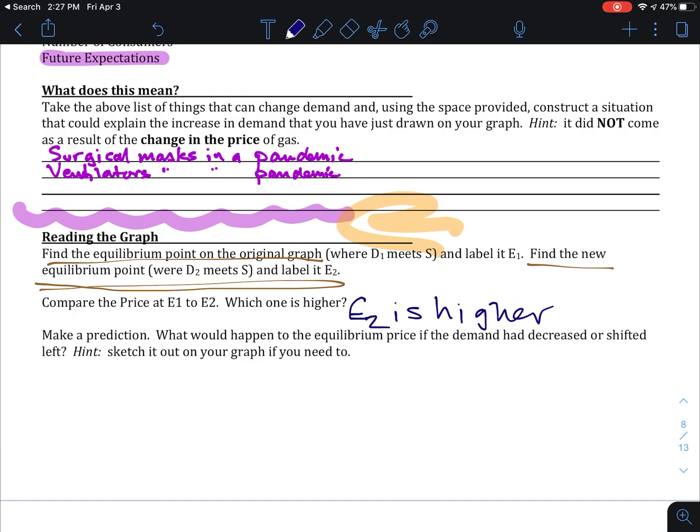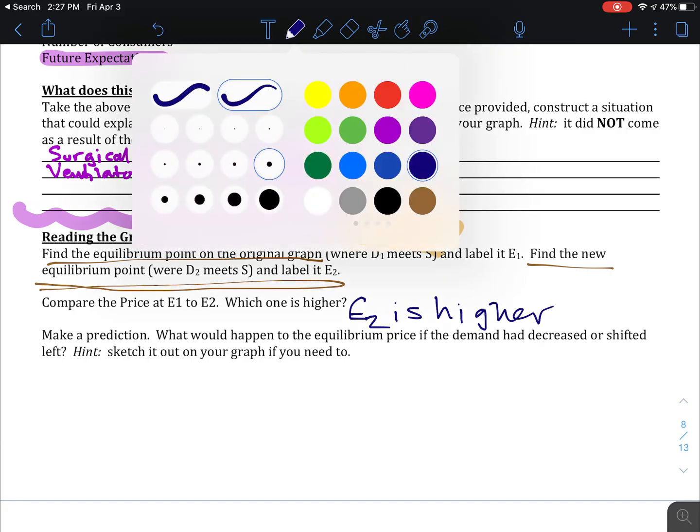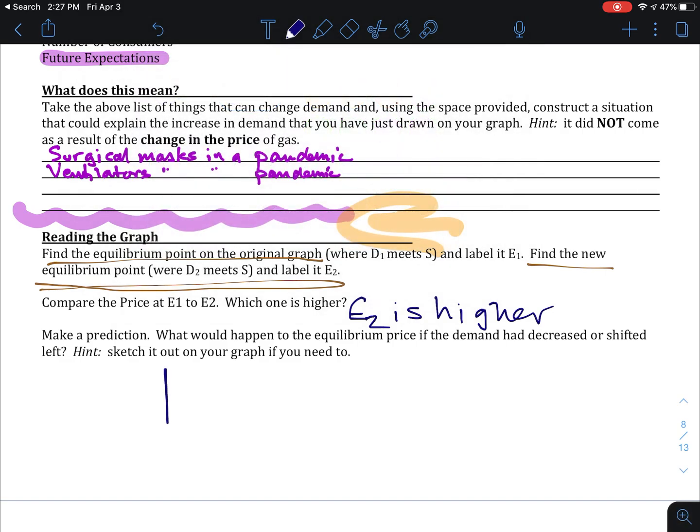Now we'll bring it back to gasoline, and I'll actually draw this one out for you. I'll just sketch this. Here's your price. Here's your quantity. Here's your demand for gasoline. Here's your supply for gasoline.